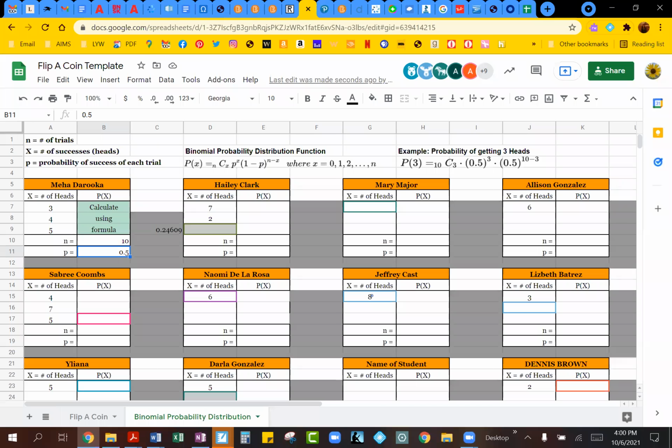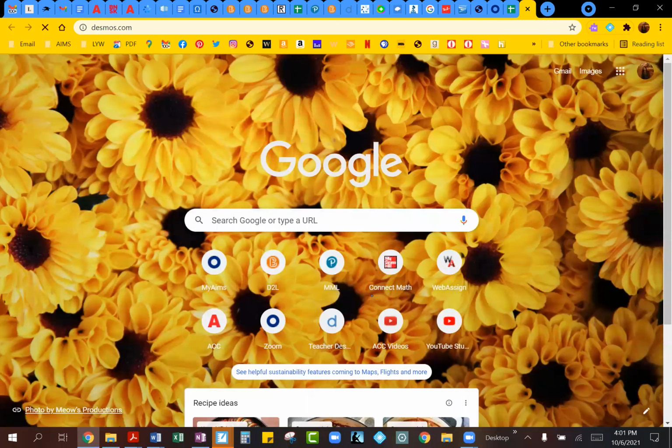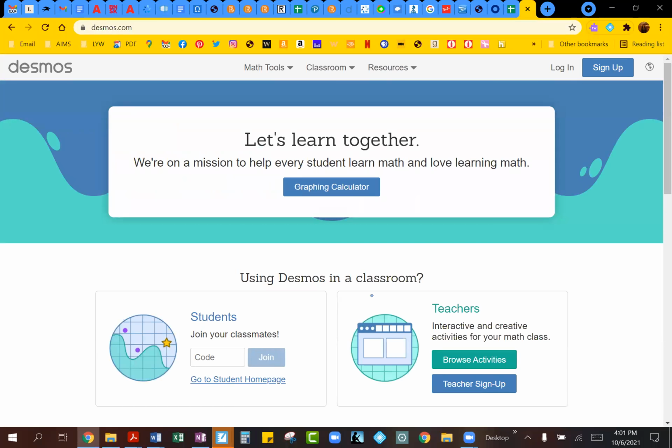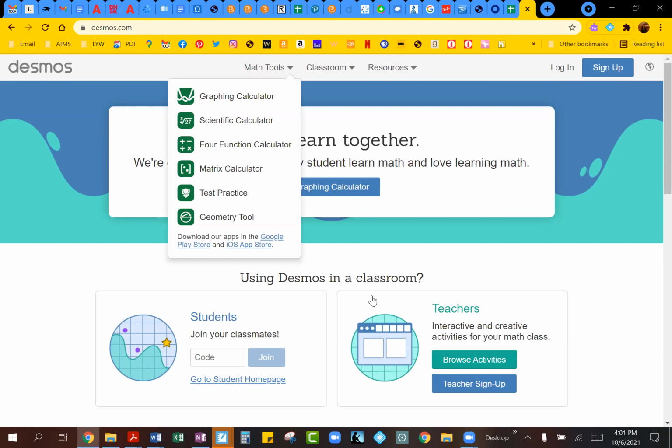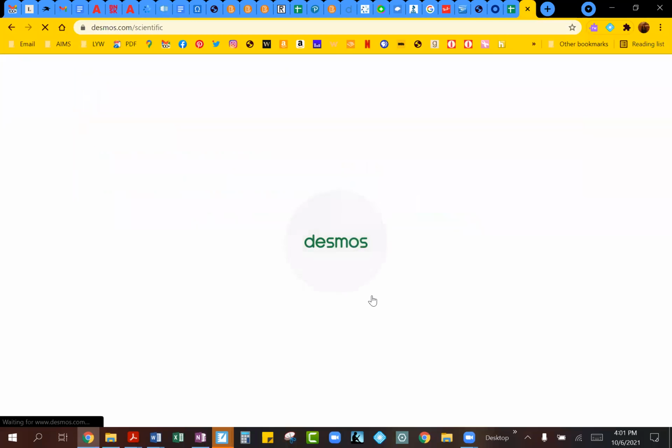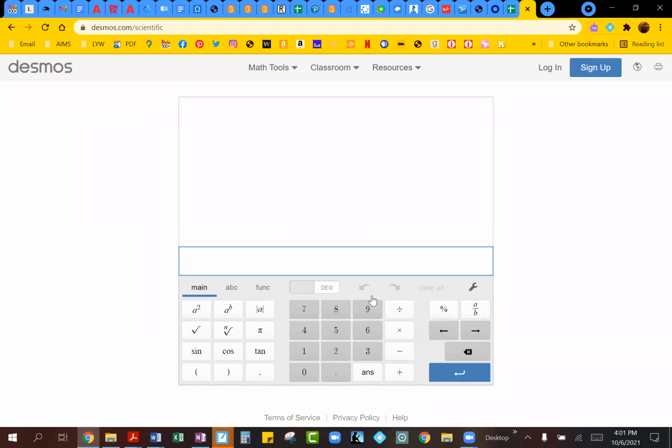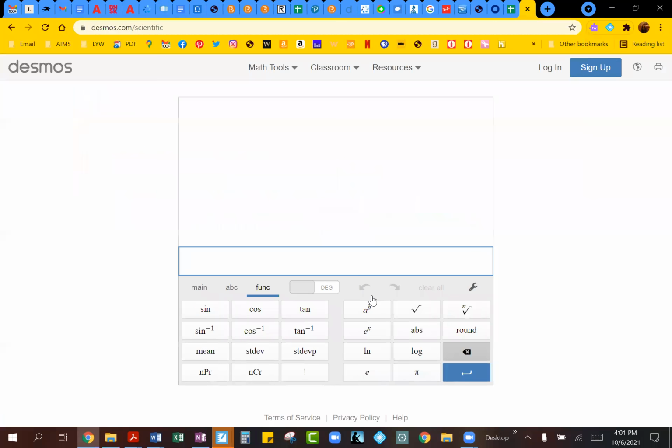And I just wanted to show you, for the combination, you can either find the nCr key in your calculators. On Desmos, I can show you that very quickly. If you go under function, you will see right over here on the bottom is your nCr. That's the function you are using.